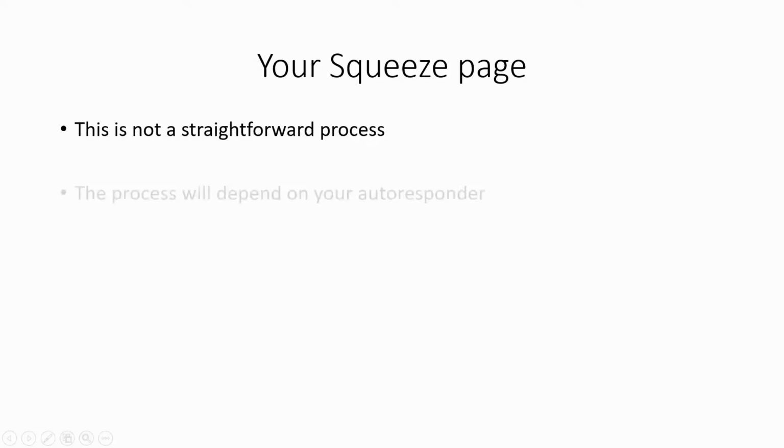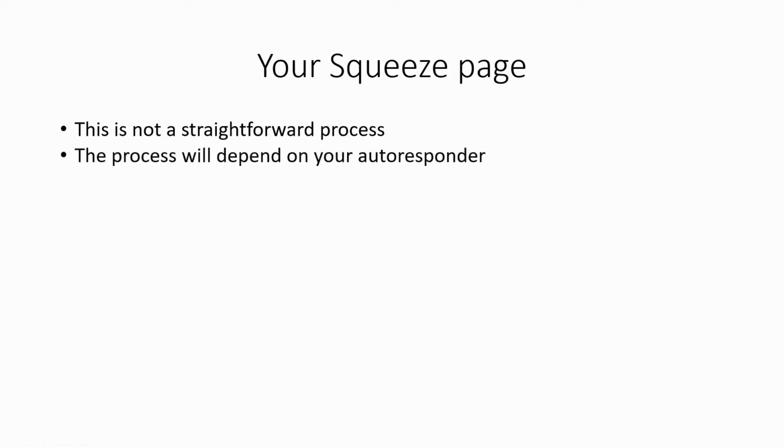Okay, so we're going to be working with your squeeze page tonight. And as I said, this is not a straightforward process. So this isn't something that you're going to be able to carry line by line directly into another system. Some of this is going to be peculiar to whatever it is that you have.